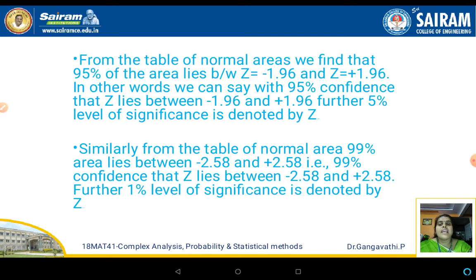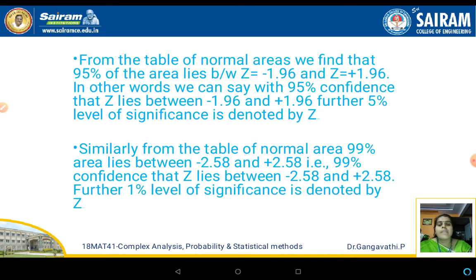Whenever we say the 5% level of significance, and because of which we accept or reject the hypothesis, the value calculated from the test should lie between minus 1.96 and plus 1.96. This 5% level of significance is also called the 95% confidence level. There can be a 5% error, whereas with 95% confidence we accept or reject.